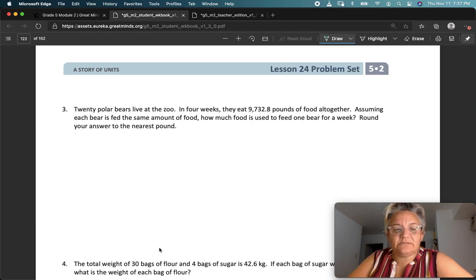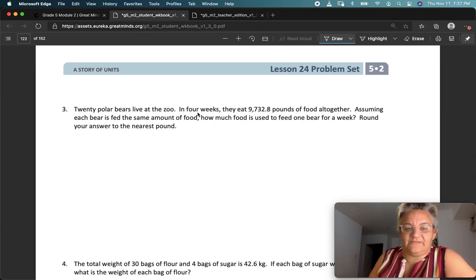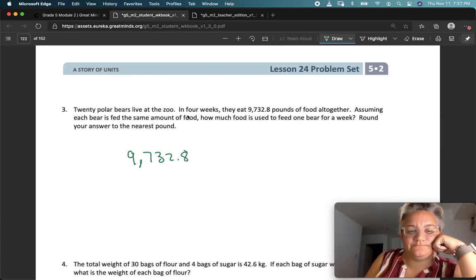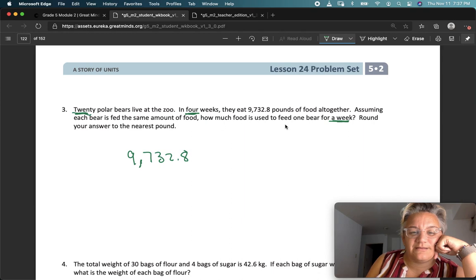Okay. So, in 4 weeks, they eat this number, 9,732 and 8/10. Now I could divide that by 4 and figure out what all of them eat in 1 week. But then I'm still going to have to take that answer and divide it by 20 to figure out one bear. Okay, so I can either divide by 20 now, or I can divide by 4 now.